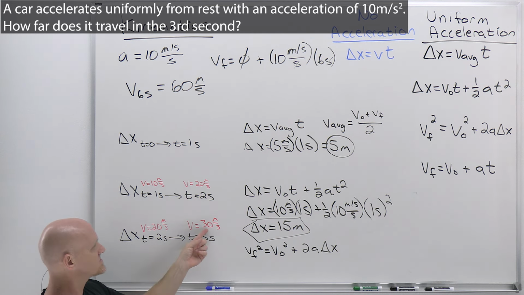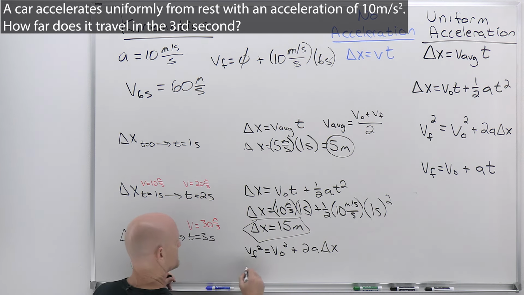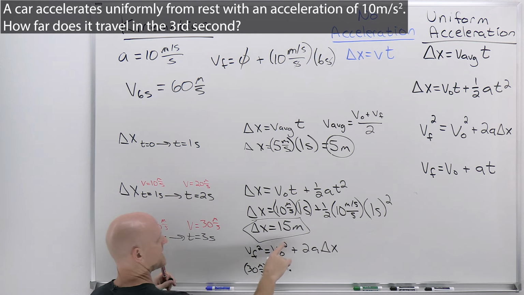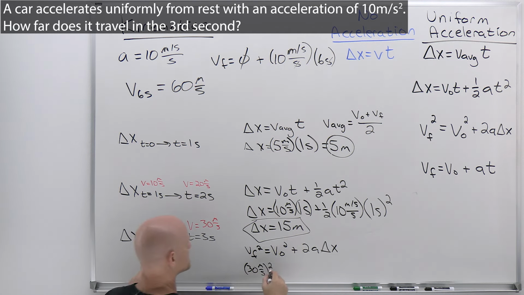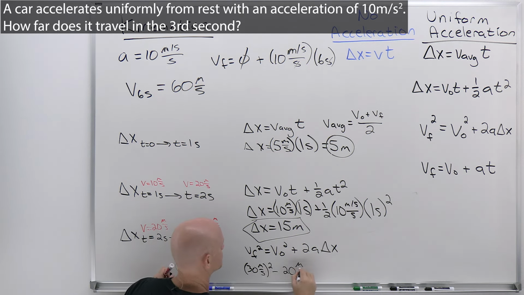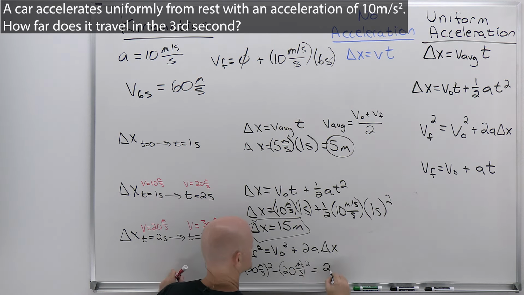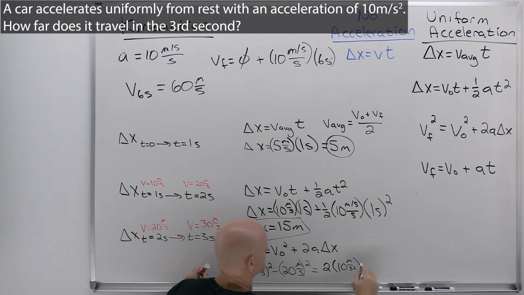But that final velocity was 30 meters per second. So here we plug that in, 30 meters per second, and square it. And I'm going to subtract off the initial velocity squared as well, which is 20 meters per second, squared. That's going to equal 2 times our acceleration, 10 meters per second per second, times delta x.